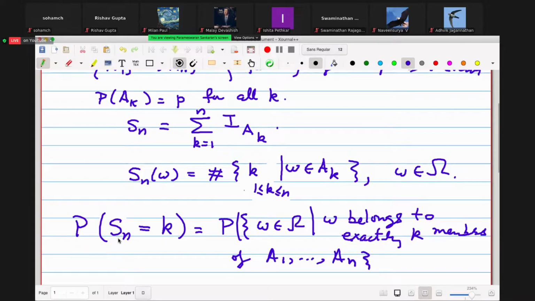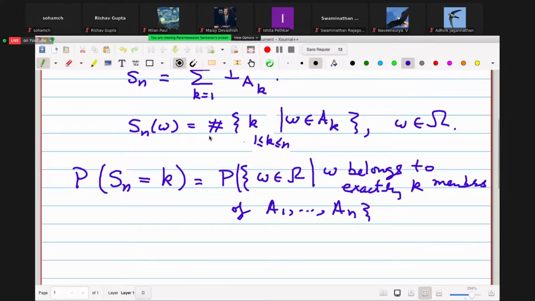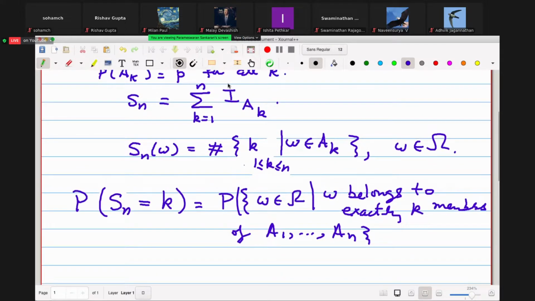Because Sn is the sum of the indicator functions. So you think about that. If omega belongs to A1, then it will contribute 1. And next you look at A2, if omega belongs to A2, it will contribute 1. Each time it belongs to Aj, and j is between 1 and n, it will contribute 1. So if this adds up to k, that means omega belongs to exactly k members of this collection.